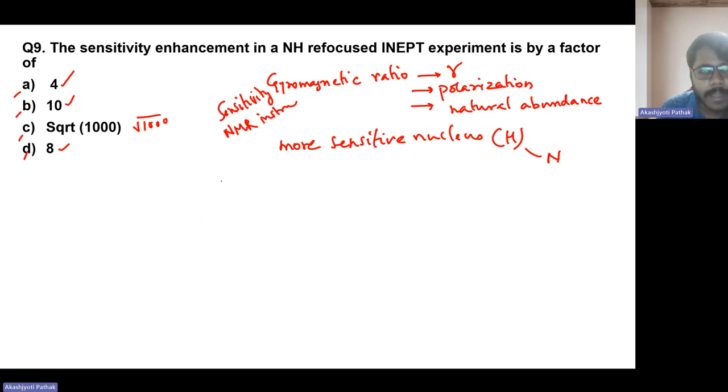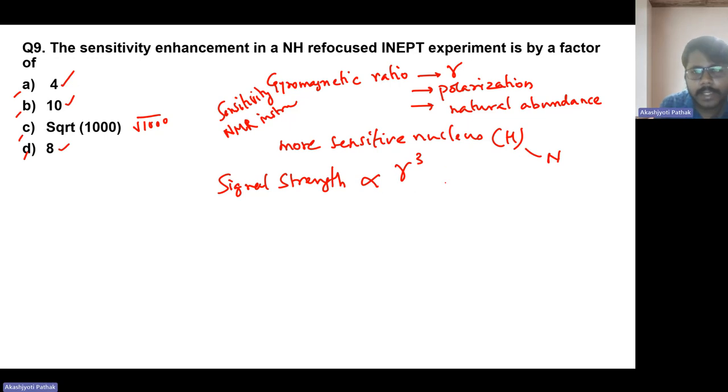But the signal strength in NMR, what is that proportional to? That we have already studied in week 9 and week 8 actually. The signal strength is proportional to gamma cube, the cube of the gyromagnetic ratio.